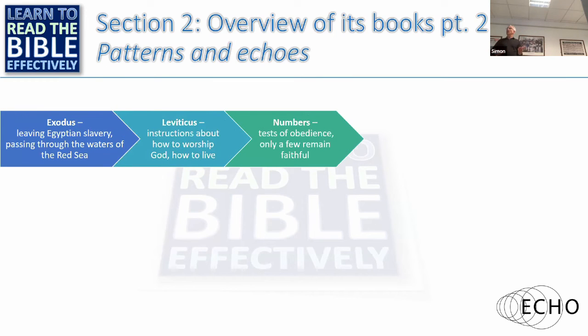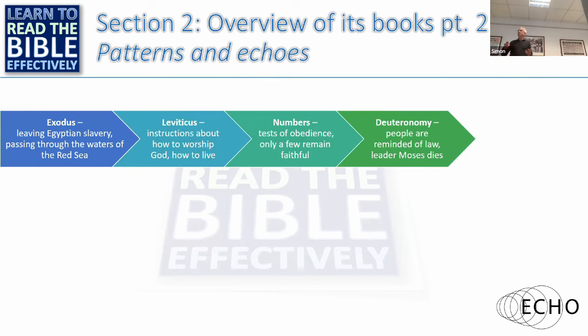This was followed by Numbers, showing the test of obedience they had and how few remained faithful to that law. Then Deuteronomy shows how the people are reminded of the law, towards the end, before Moses' death, he wrote to complete this. Their leader Moses dies at the end of that book.